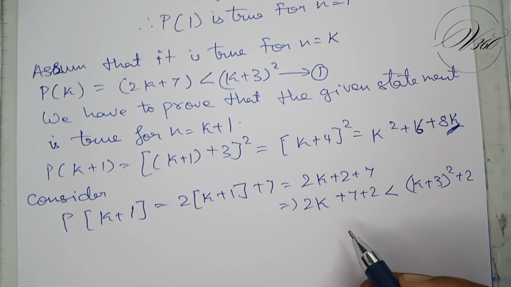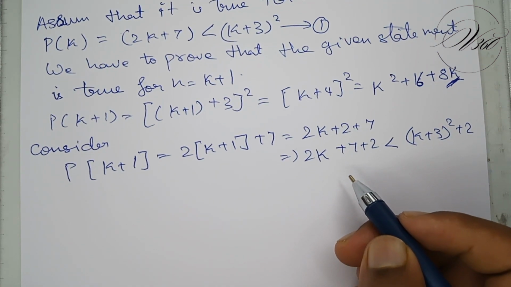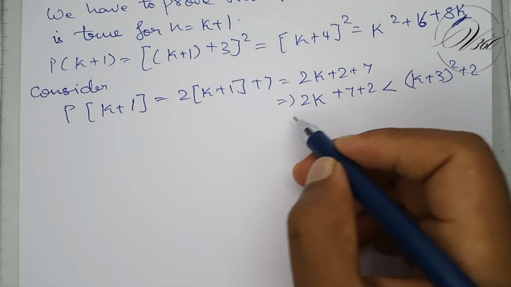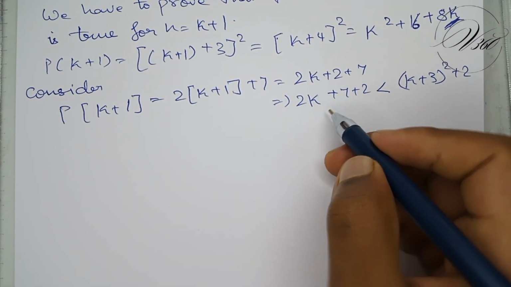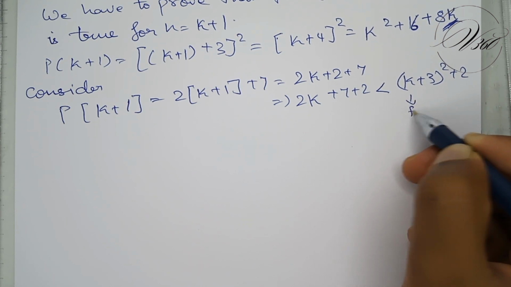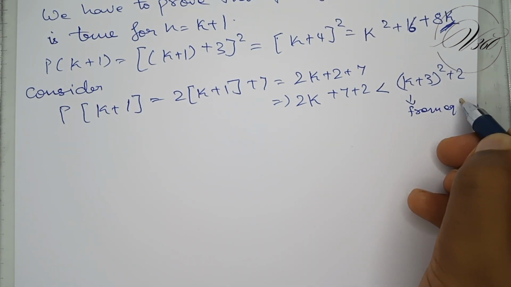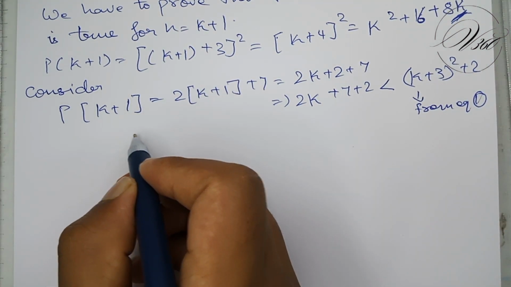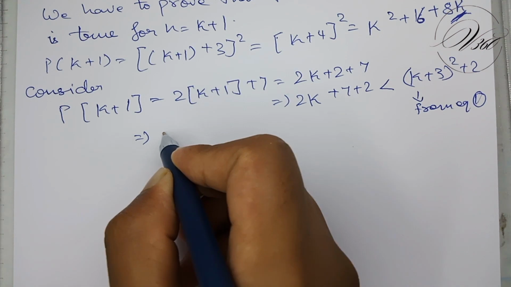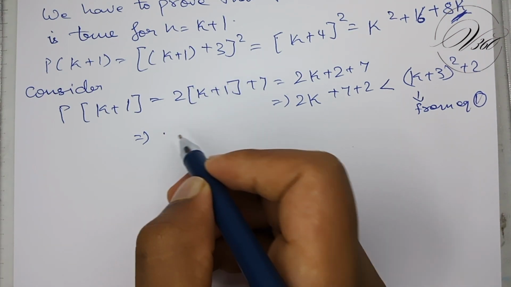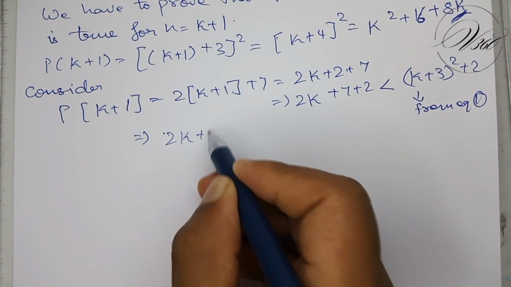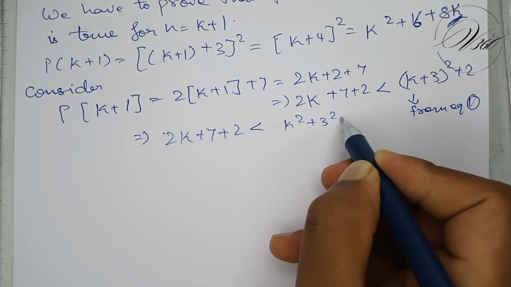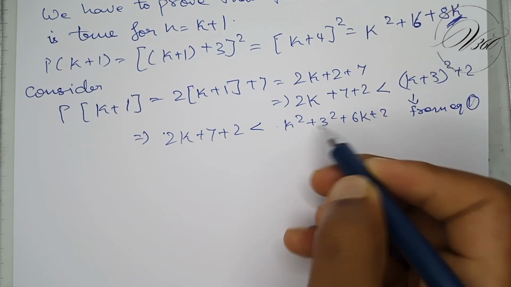Okay, we got this from equation 1. Okay, now I will continue. 2k plus 7 plus 2 is smaller than k square plus 3 square plus 6k plus 2.